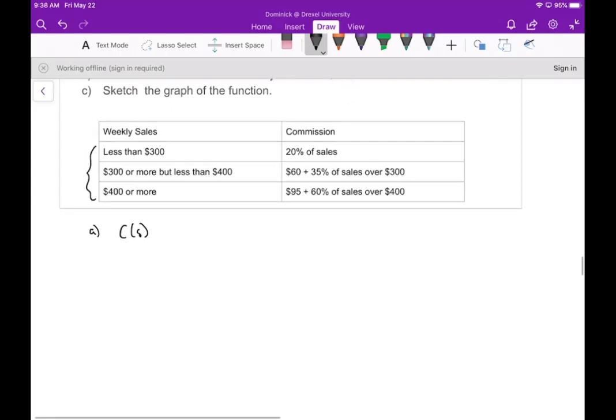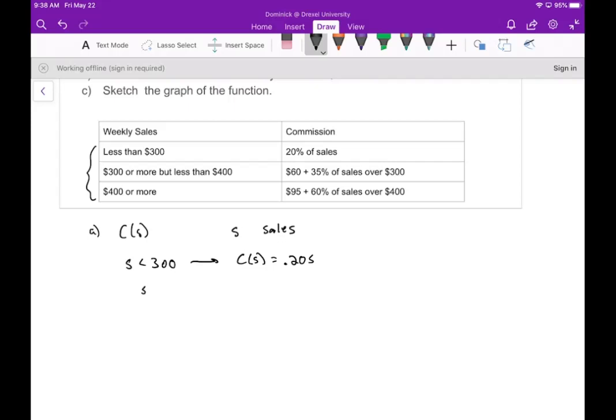Again, remember that S is your sales. Now if your sales are less than 300, then C of S is equal to 20% of your sales. So 0.20 is how we say 20%. So it's 0.20 of S.